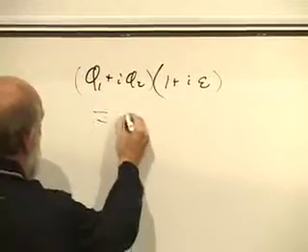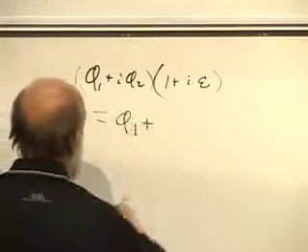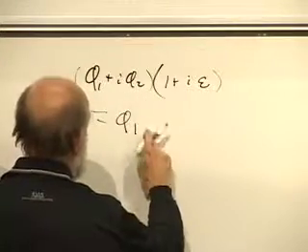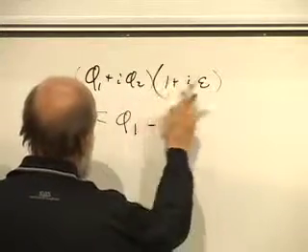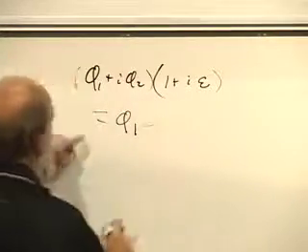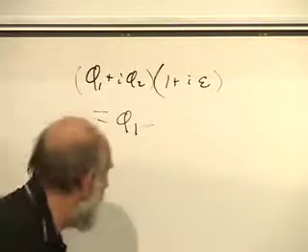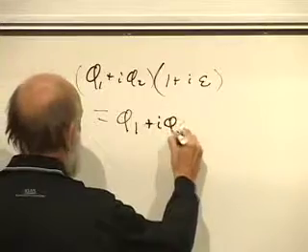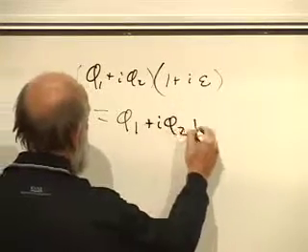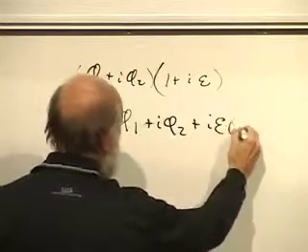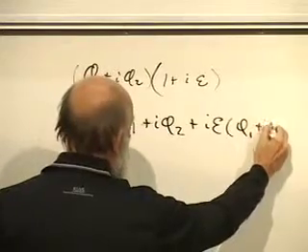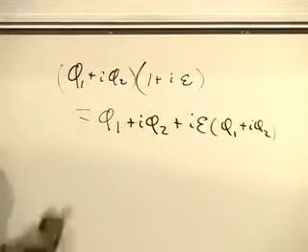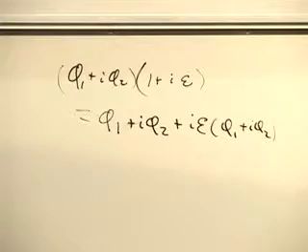And this is equal to phi 1 minus phi 1 plus i phi 2 plus i epsilon times phi 1 plus i phi 2. All I've done is multiply it out.